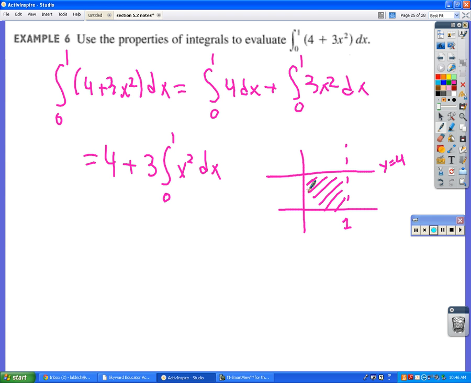We wrote it in the weird way, we took a limit, we made 3,000 rectangles and then added it up. 1/3, good. So this is going to be 4 plus 3 times 1/3, and so that is 5.